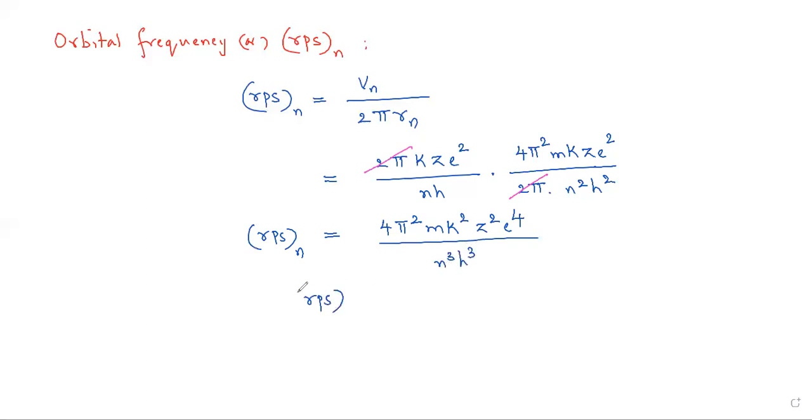From this, revolutions per second in nth orbit is directly proportional to z square by n cube.